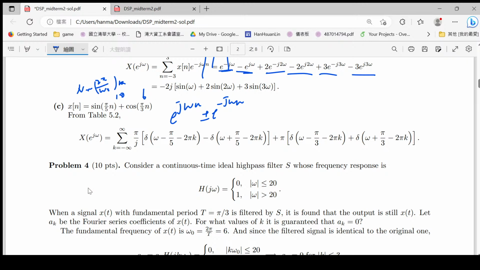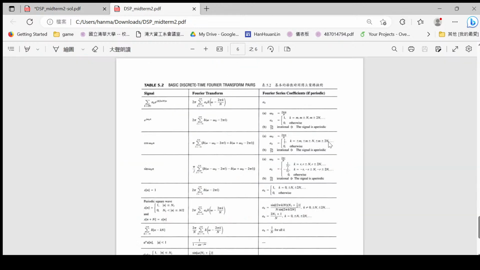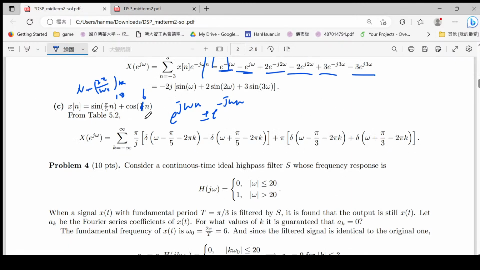The textbook has a variation, but what if you have cosine n here instead of cosine pi over 3 n? Then it is not a periodic function. Here you will have that omega naught over 2 pi is irrational, so x of n is not a periodic function, and I believe if you try to find the Fourier transform of this, you cannot just plug in this formula, and it's actually something that doesn't converge.